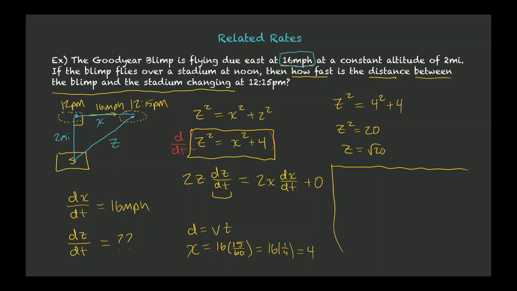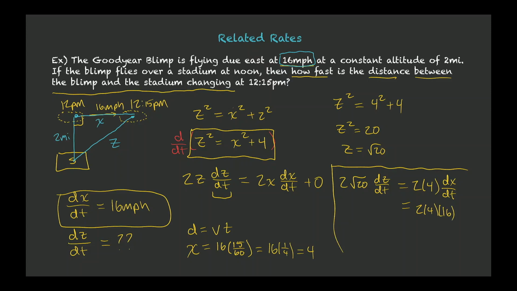Okay, so going back to our derivative that we took, we have 2z, so 2 times the square root of 20, times dz/dt, okay, is equal to 2x. x we calculated to be 4, times dx/dt. Okay, and again, dx/dt we already wrote down to be 16.